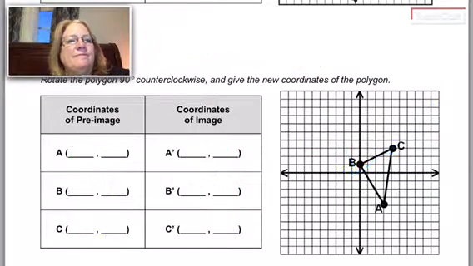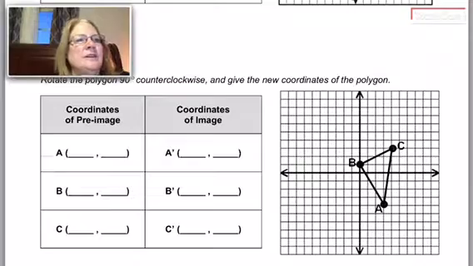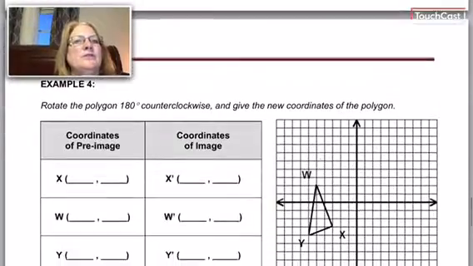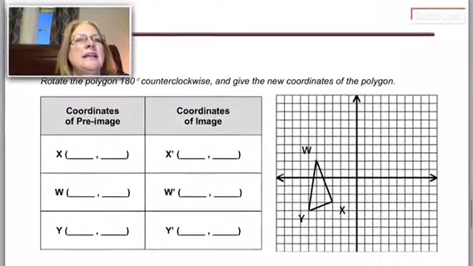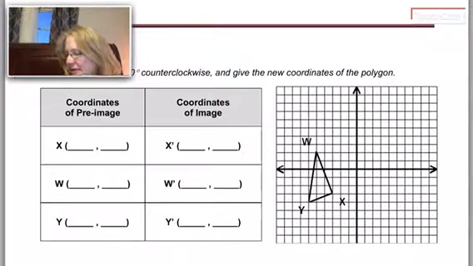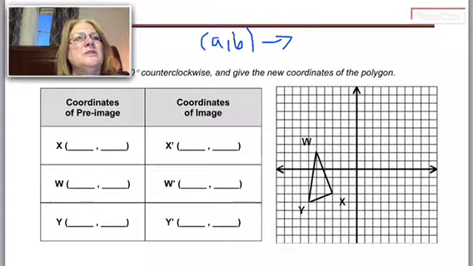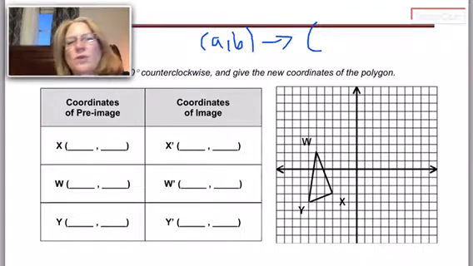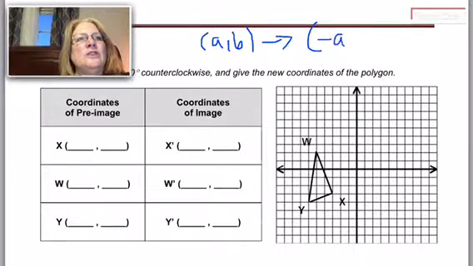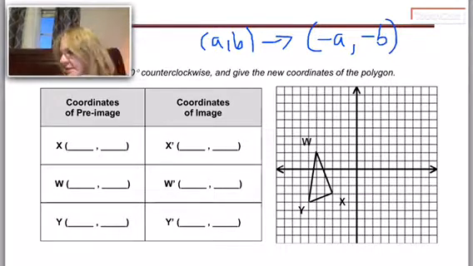All right. So now we are going to do a 180 counterclockwise. And again, the 180 would be the same clockwise or counterclockwise. So the rule is (a, b) becomes, you just change the signs, (-a, -b).